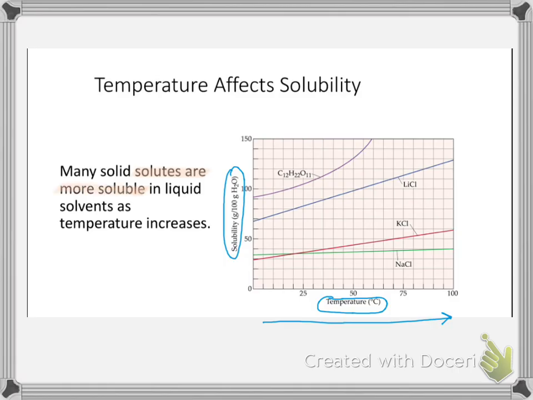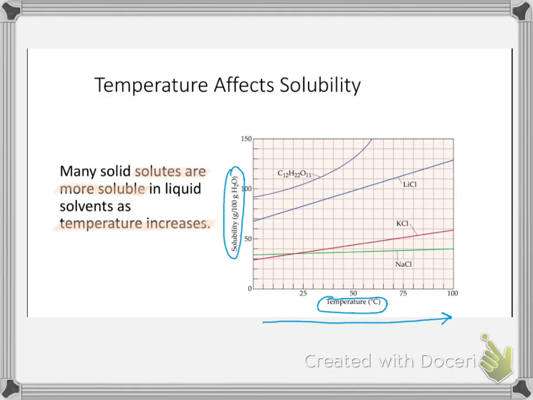Their solubility increases as the temperature increases. Now, they're not equal, like some increase more than others, but it's just a general statement. If we heat it up, our solubility will be higher. That's why on the previous page, they had to tell us 23 degrees, because the 27 grams would change if the temperature changed.